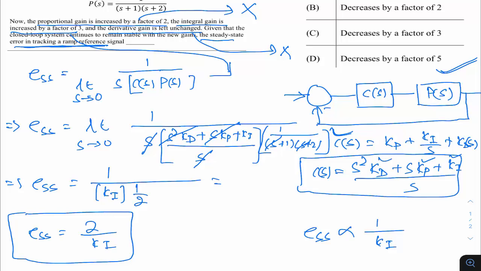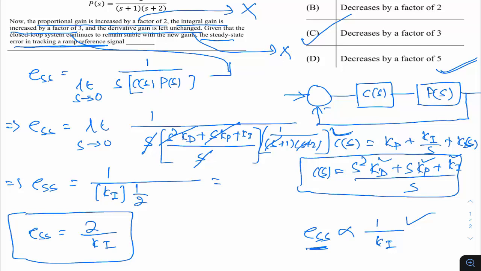Because there is an inverse relation, ESS is proportional to 1 by Ki. If the integral gain is increased by factor 3, that means ESS will decrease by factor 3. Decrease by factor 3 is given in option C, so C will be the right answer. Very simple and straightforward. One should know the transfer function of a PID controller.